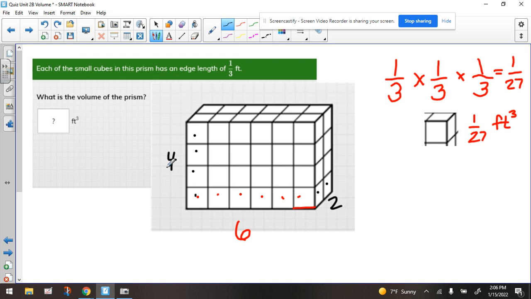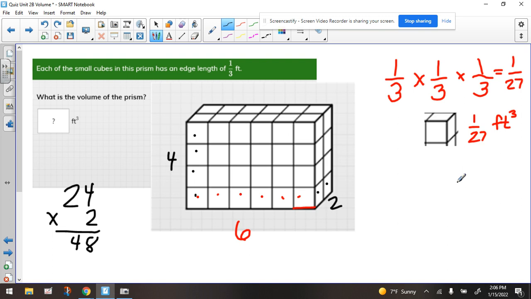So if we wanted to figure out how many of the 1/3 foot edge length cubes we have, we could multiply these numbers together. So how about we do 4 times 6, which is 24, times 2. Here we have 8, and here we have 4. So we have 48 of what I would be calling these 1/3 edge cubes.